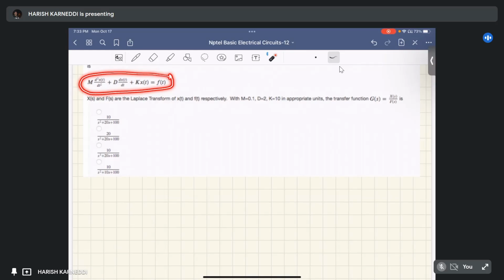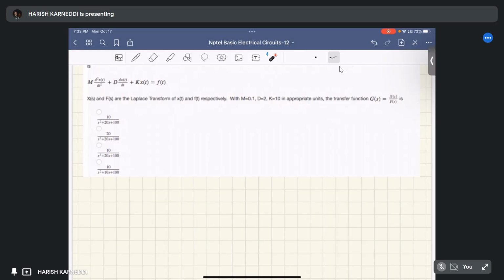It is a second order equation in the time domain, having constants m, d, and k. X of s and F of s are the Laplace transforms of x of t and f of t. The constant values given here are m equal to 0.1, d equal to 2, and k equal to 10.